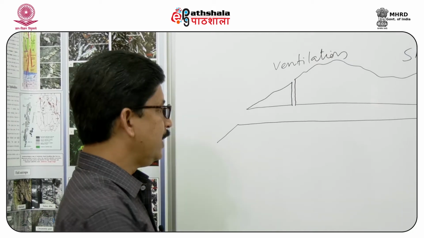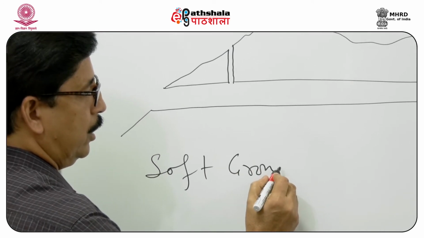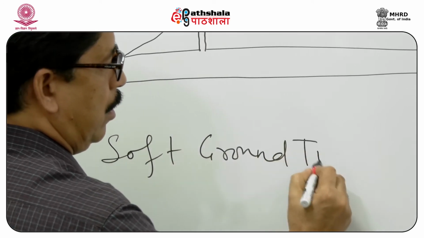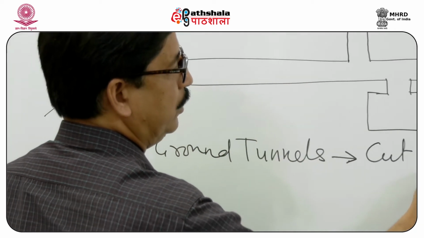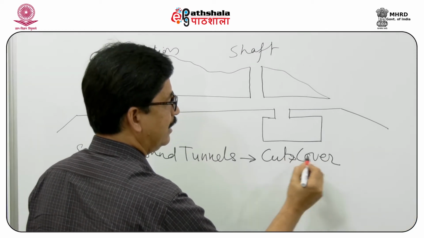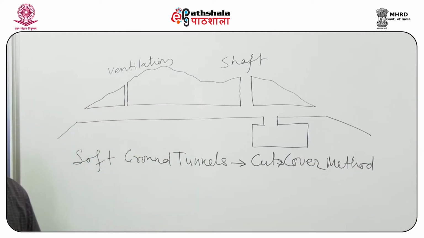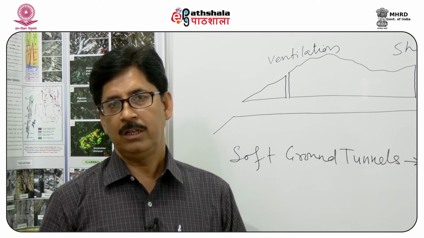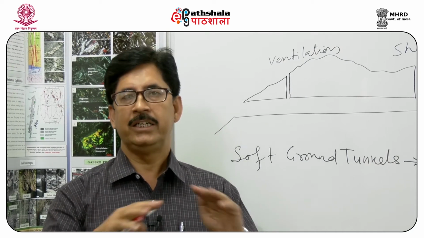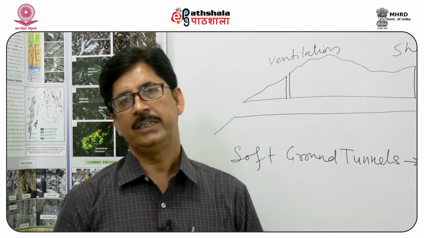In soft ground tunneling, we go for a construction method which is called the cut and cover method, wherein we excavate first, then we put the foundation of the floor and wall, then we erect the wall, and finally we put a slab over the walls, and that is the covering of the tunnel.